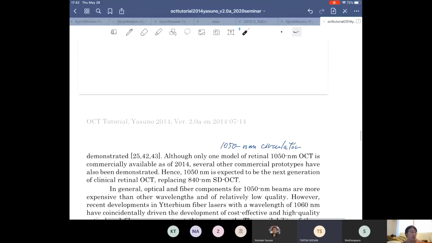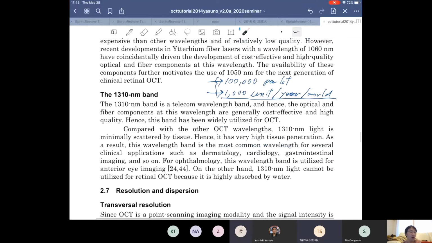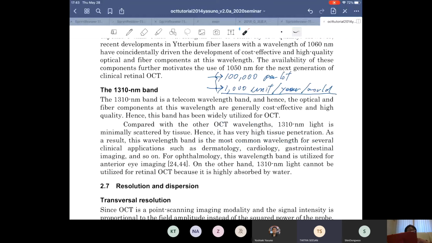Got it? And if you have some experience in laser science, maybe you've heard the term eye safe. This wavelength is called the eye safe wavelength because, when you're doing an experiment with a 1310 nanometer laser and by accident you put it into the eye, with most wavelengths you are going to damage your retina.